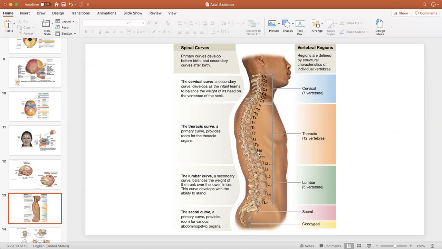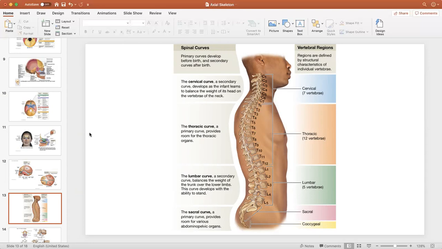Then as we develop, as we start to lie on our belly, get on our hands and knees and crawl, we hold our head up. As we hold our head up, we develop musculature in the back and a secondary cervical curve. Then as we move to sitting up and standing, we develop the lumbar curve. So the lumbar and cervical are secondary curves; the thoracic and sacral are primary curves.